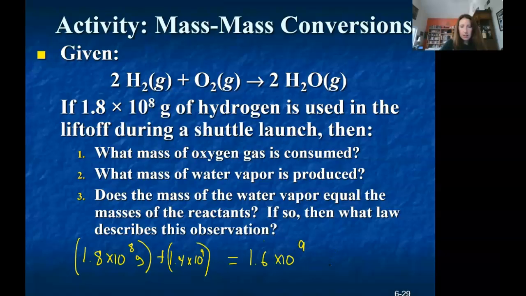The question is, do these equal each other? Well, let's just see. 1.8 times 10 to the 8th plus 1.4. Oops, my calculator's not working. 1.8 times 10 to the 8th plus 1.4 times 10 to the 9th.